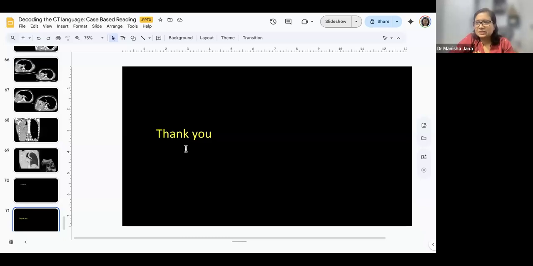What is going to make a difference is a good breath hold so that there is no motion artifact, and how we are doing it, whether we need a contrast scan or non-contrast scan. For all practical purposes, if we are dealing with a follow-up case of ILD or a known malignancy where we want to look for pulmonary mets, in those two conditions NCCT is enough. For the rest, like suspected infection or suspected masses, CECT is to be done.